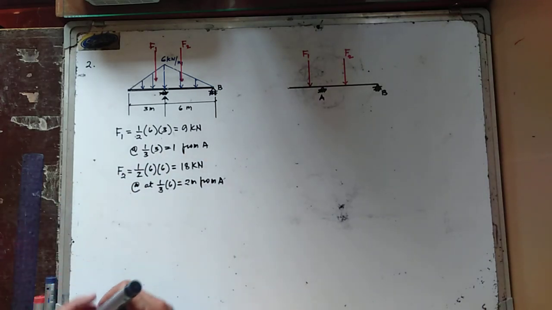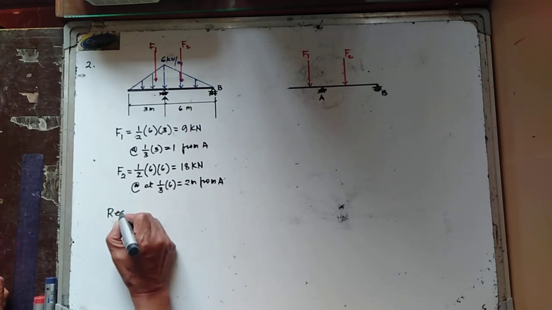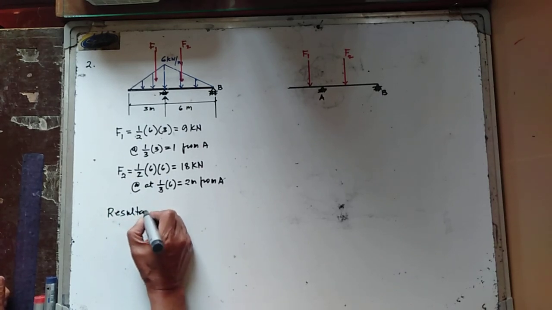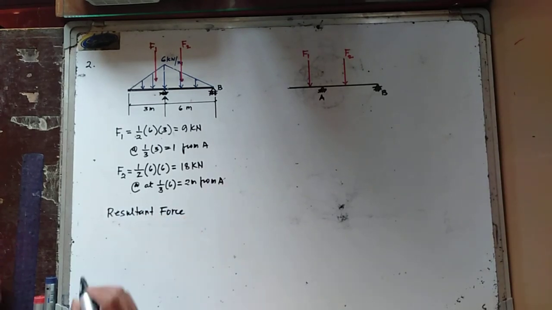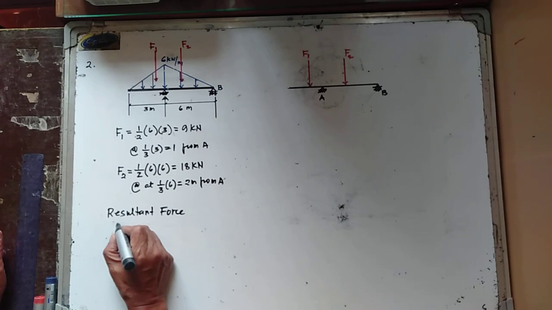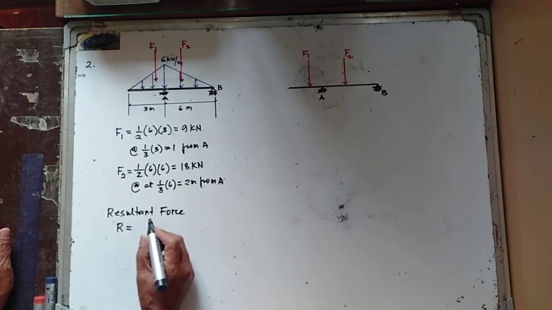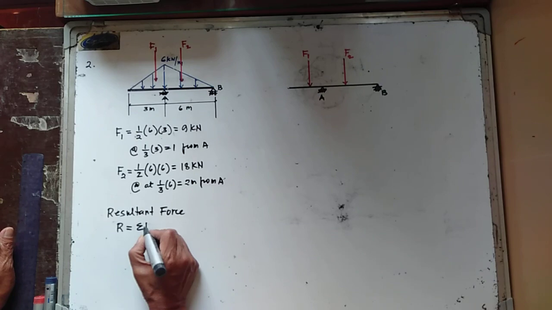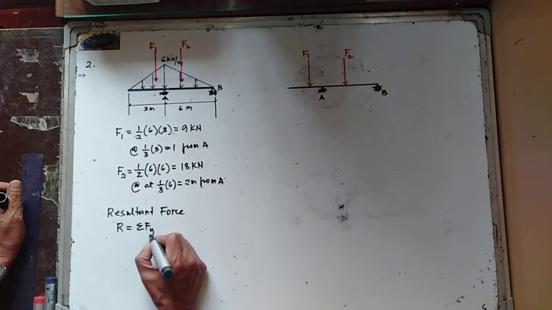Now, let us try to determine now the resultant force. So the resultant force R is now equal to the summation of forces. So we now have summation of forces in the vertical direction.